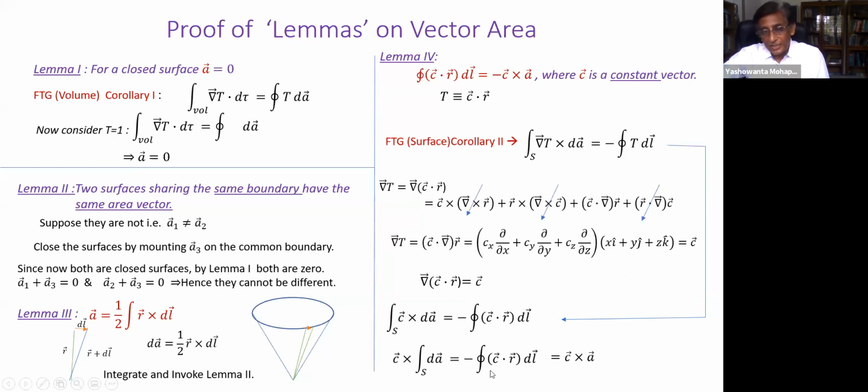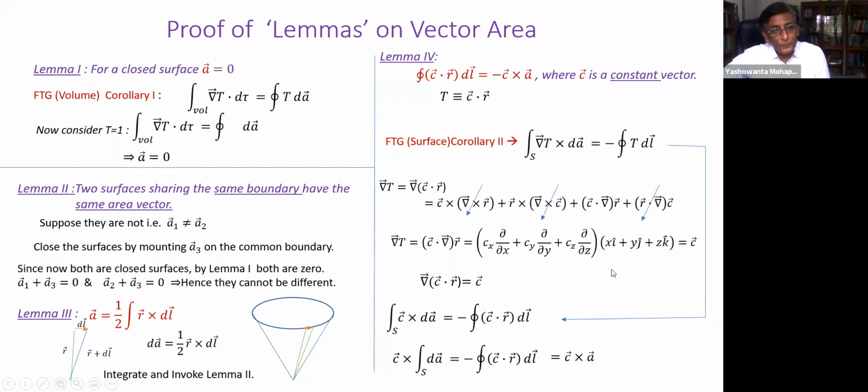And obviously that is nothing but C cross A. So we have to prove minus C dot R dl. This is over the whole surface, this is dA, this is C cross.